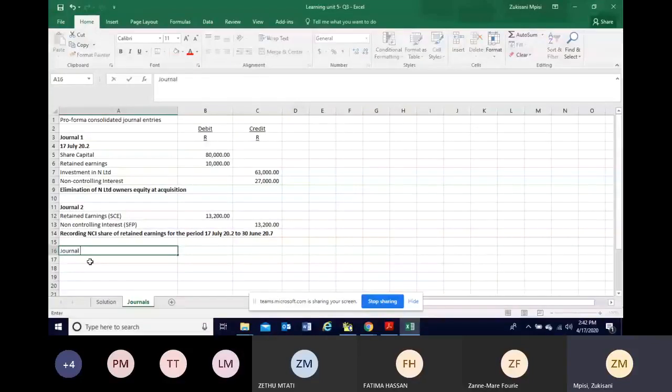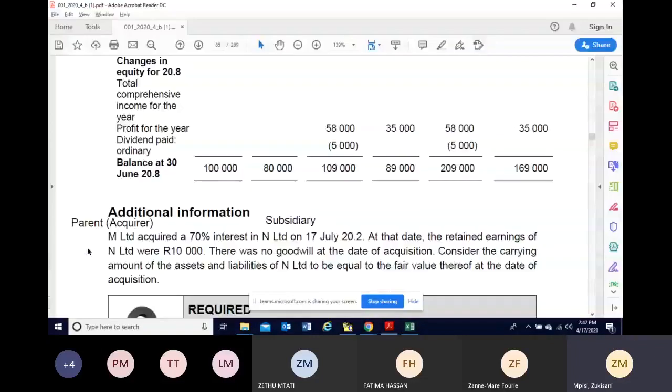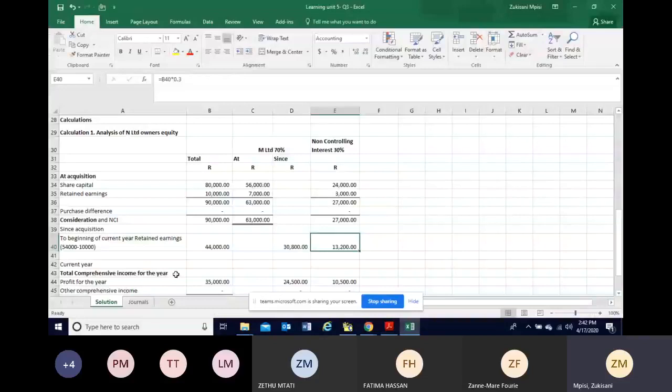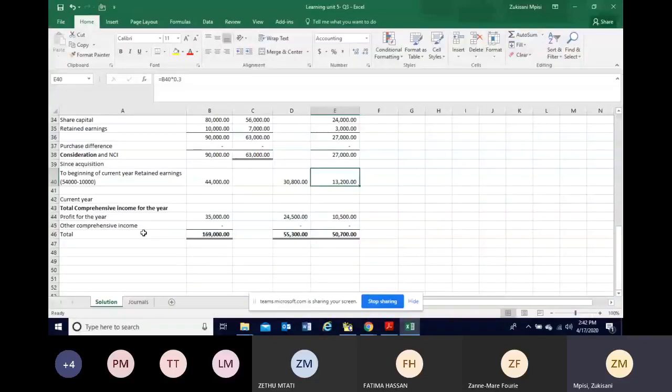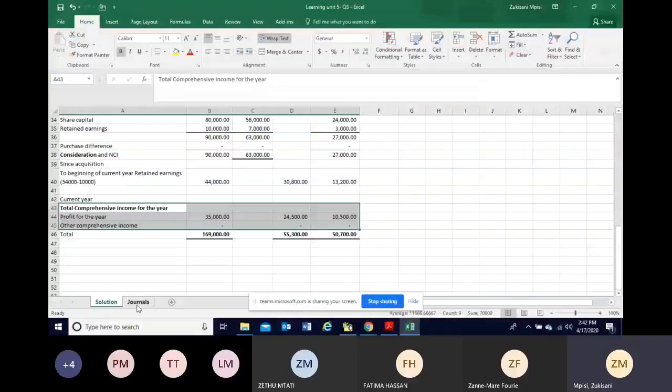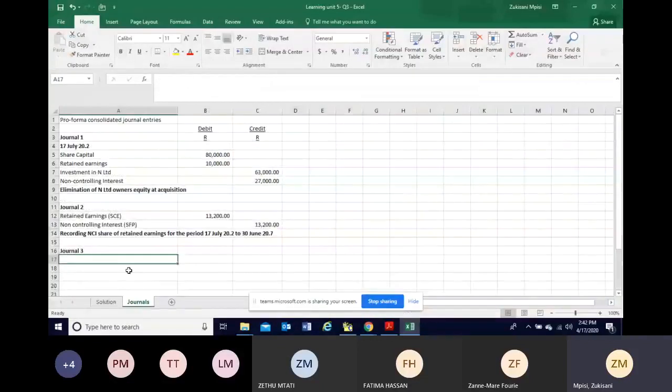Then we've got journal number 3. Journal number 3, going back to the statement of changes in equity, focuses now on the current year. On the current year, we only have profit. So we've got non-controlling interest, which is the share of profit.